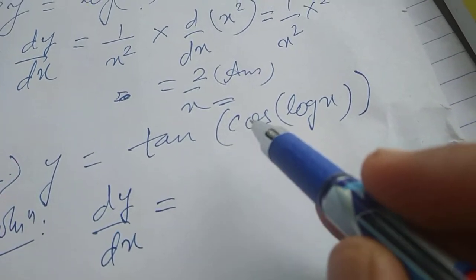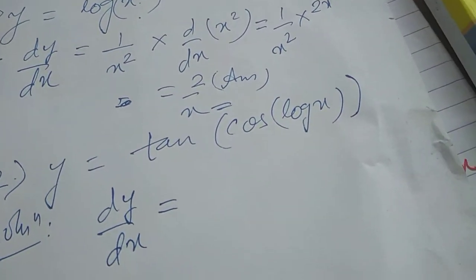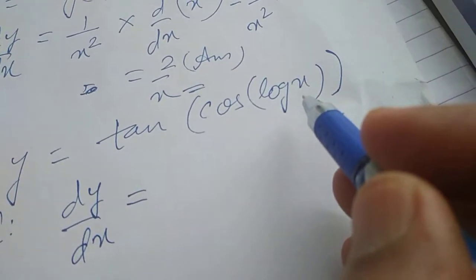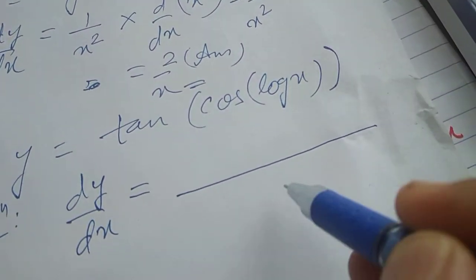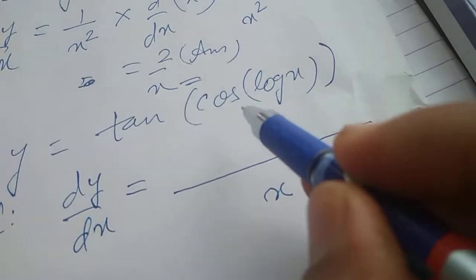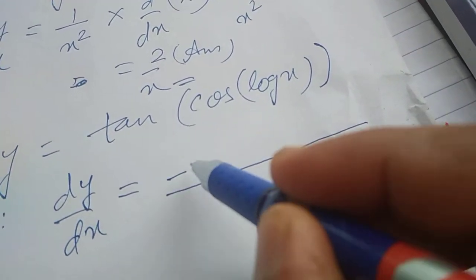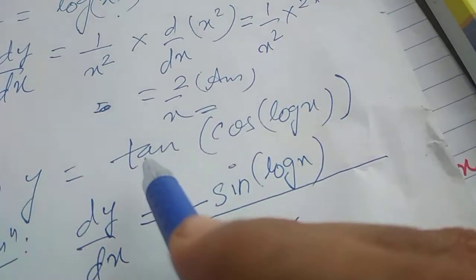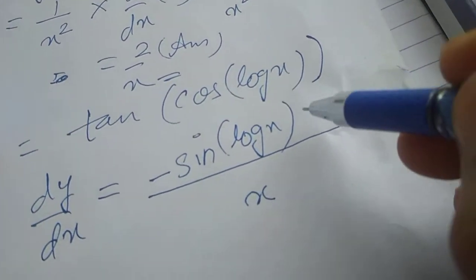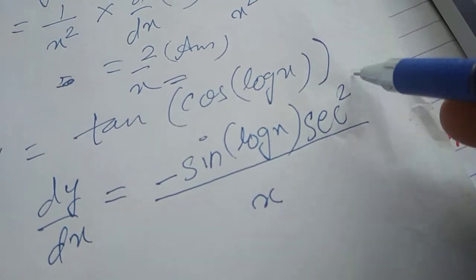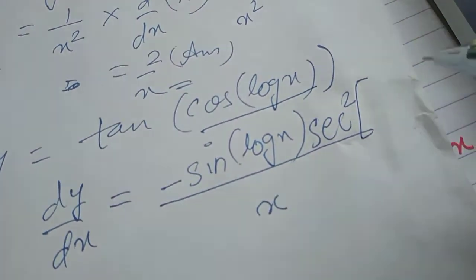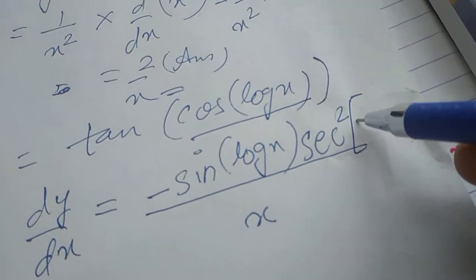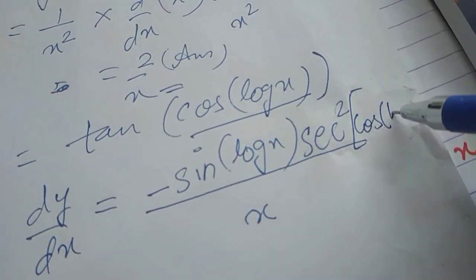What I said is we can directly start from the inner function. What is the derivative of log x? It is 1 upon x. So I will write 1 upon x. What is the derivative of cos log x? Minus sine log x. What is the derivative of tan of something? Sec square, but this time we have to write the entire thing: the derivative of tan of cos log x is sec square of cos of log x.